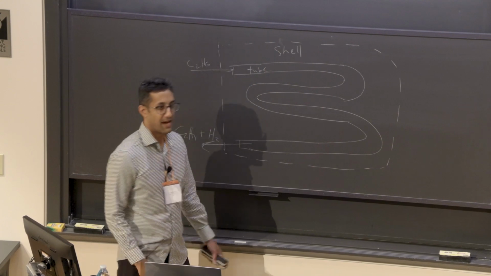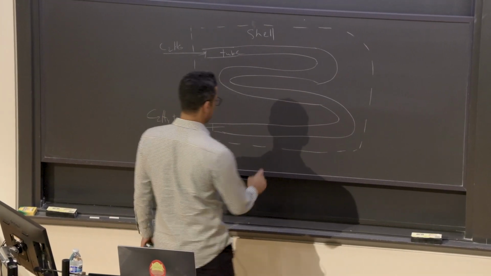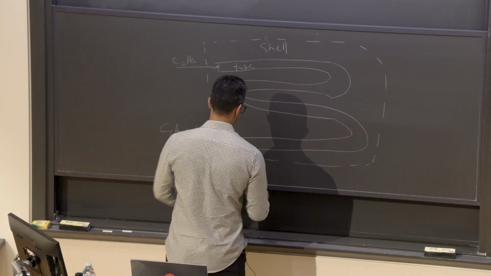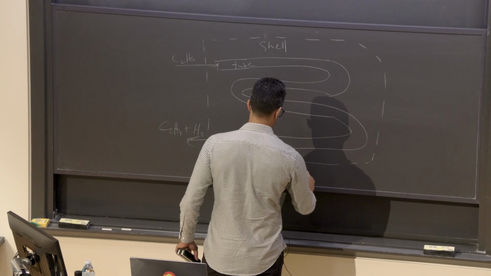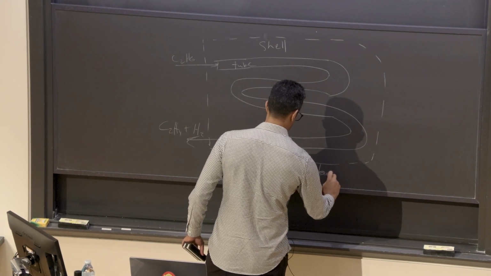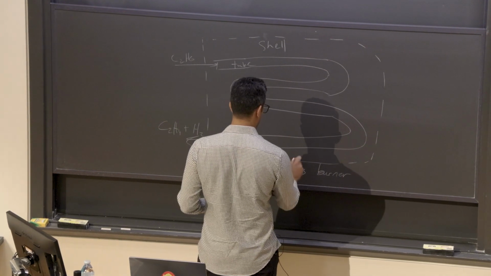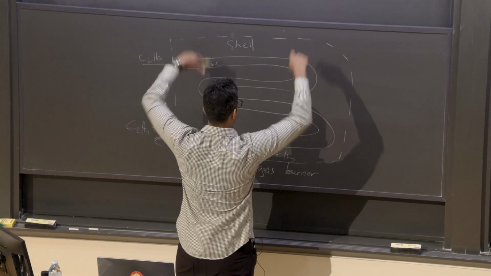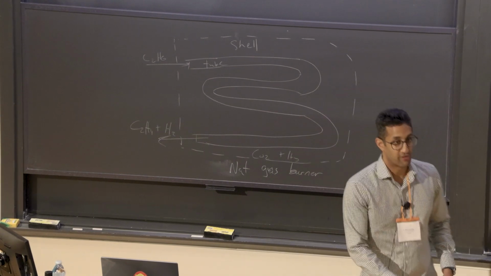And in the shell, you pass a very hot inert gas. Actually, they basically heat this thing with burners. They have natural gas that they're burning, making CO2 and water from the combustion, and that's going through the shell and heating up the gas inside of the tubes.